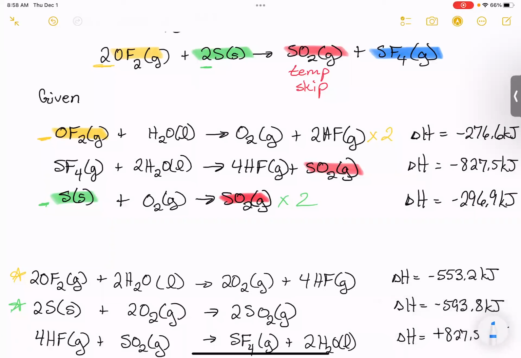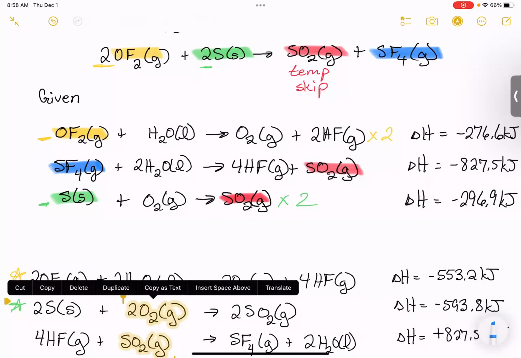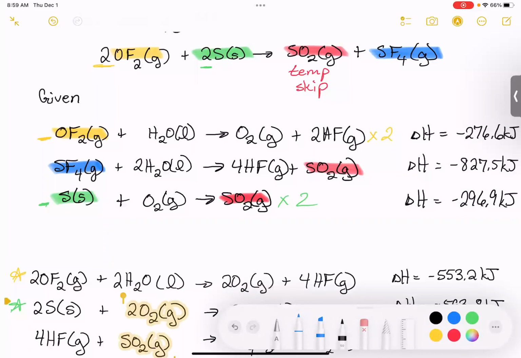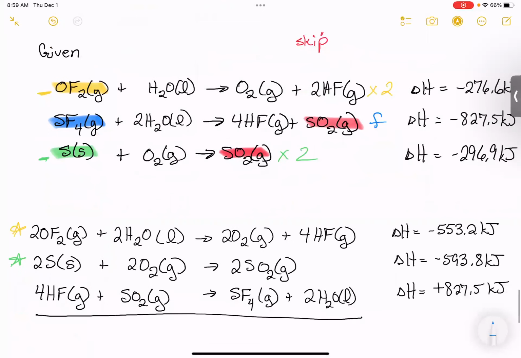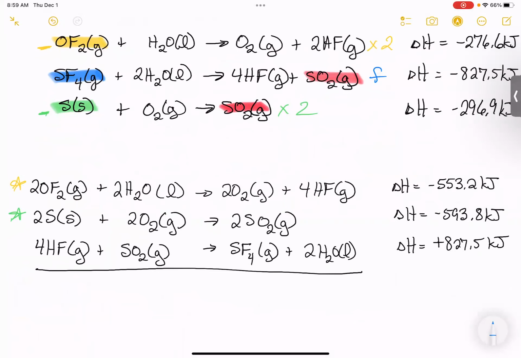And when I got to the SF4, that allowed me to use my third equation. I needed 1 SF4 in the products, which I had the SF4 in the reactants. So that meant I had to flip this equation. And when you flip it, you flip the sign. Now, if you've done everything correctly, the HF disappeared.